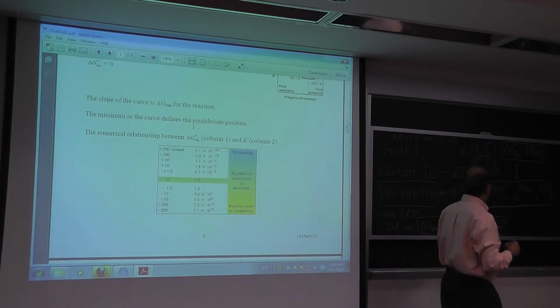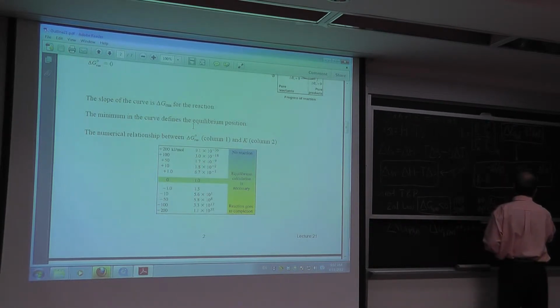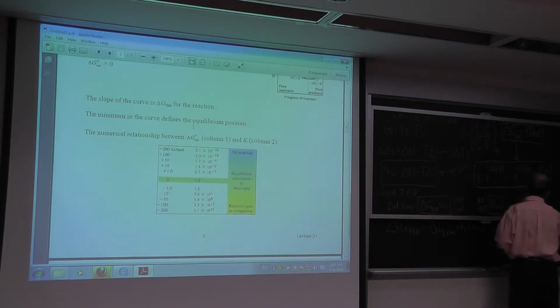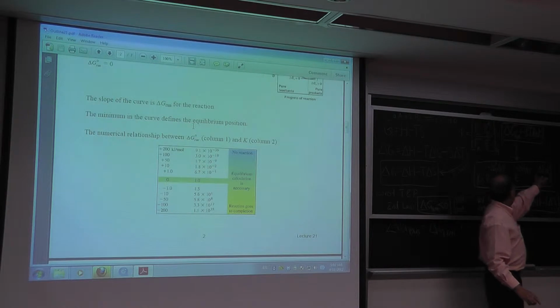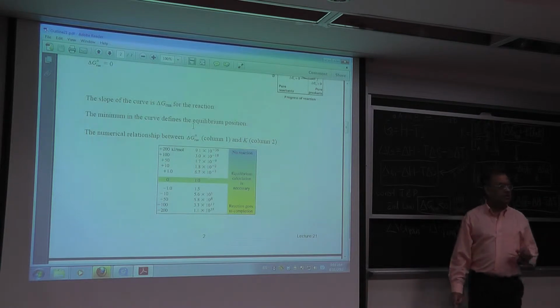Yeah, because delta G is equal to delta H minus T delta S. This T here cancels with this T, and you get delta S naught over R. Does that make sense?